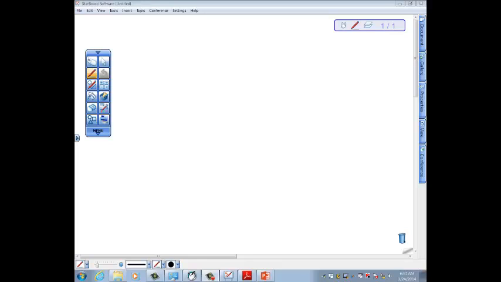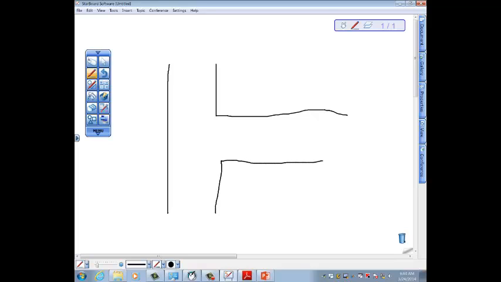So let me see if I can draw a little bit. It's hard for me to draw on this thing, but I'll try. Kind of draw what you have. Oops, that's not a straight line. Oh well. Pretend these are straight, okay? So here's your column, and here's your beam.